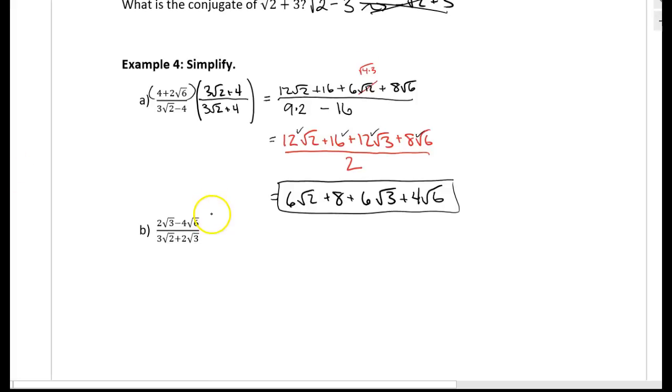Next example. Feel free to pause the video at any time and try on your own. We're going to be dealing with 3 root 2 minus 2 root 3. So my denominator is going to be 9 times 2, subtract 4 times 3.